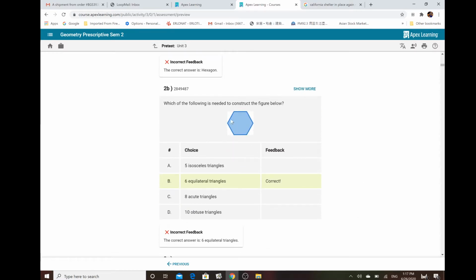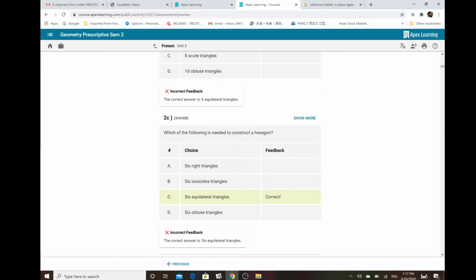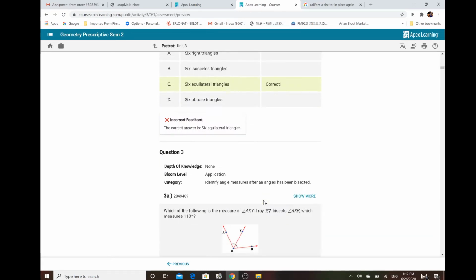And which of the following is needed to construct the figure below? This one's a hexagon, so 6 equilateral triangles. You put a center here, and then you divide it into 6 congruent equilateral triangles. And which of the following is needed to construct a hexagon? That would be 6 equilateral triangles, a similar question.